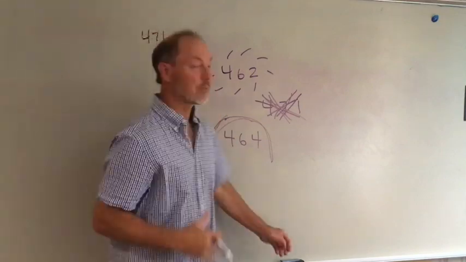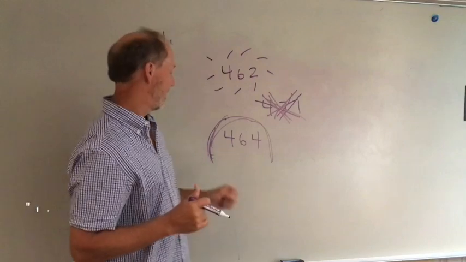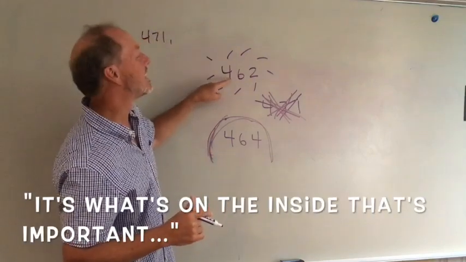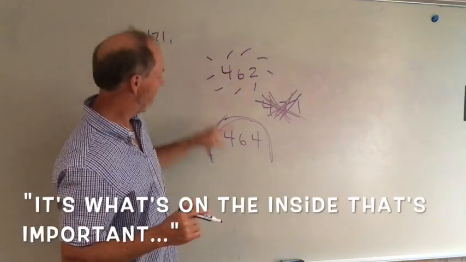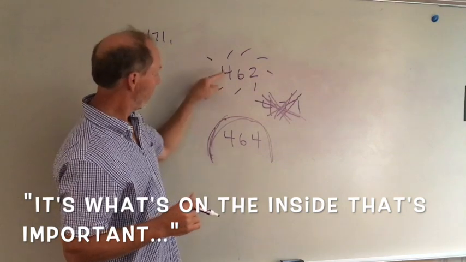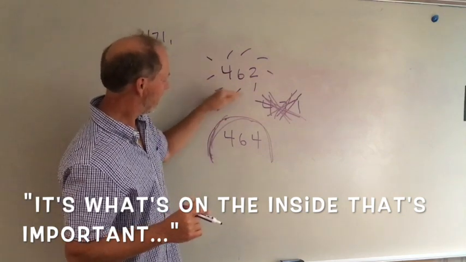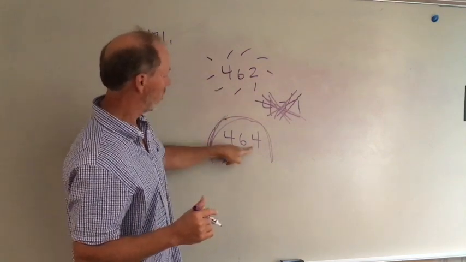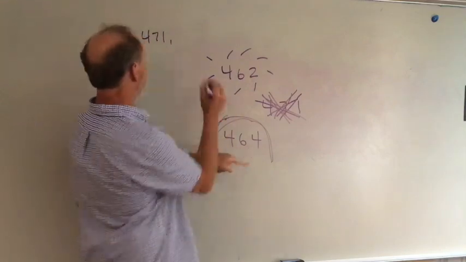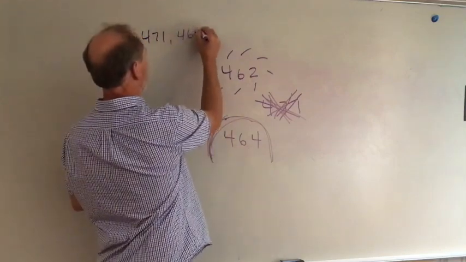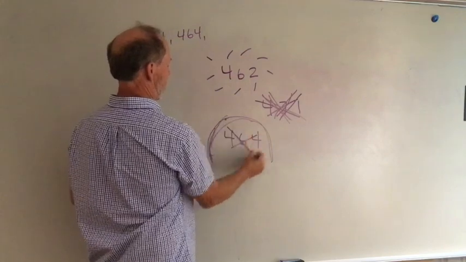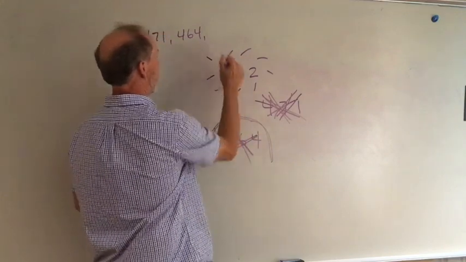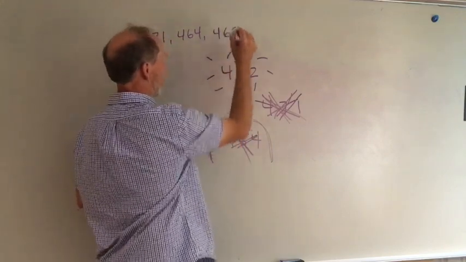What we care about is what's on the inside. In this case, this is 462, and this is 464. 400, they're tied. 60, 60, they're tied. 2, 4, he won. So, 464 is coming next, and we cross him out, and then we have 462 last.